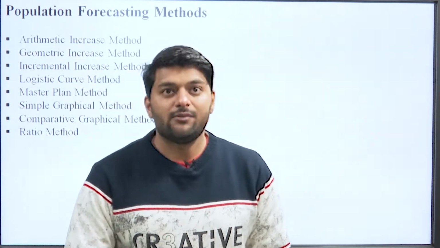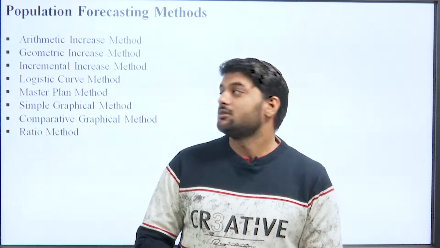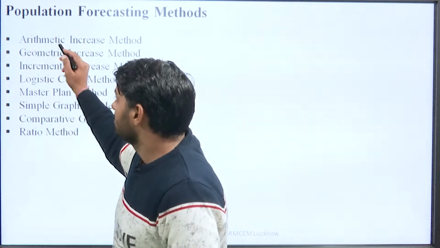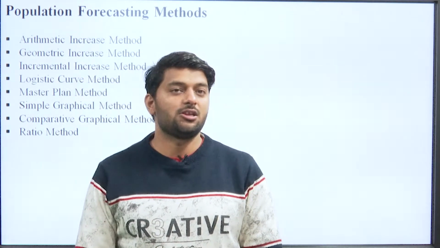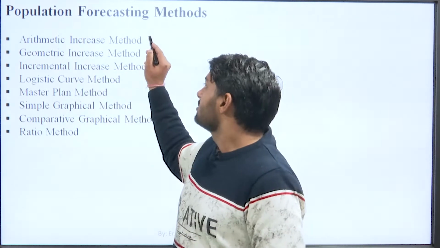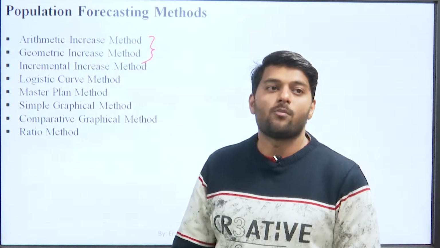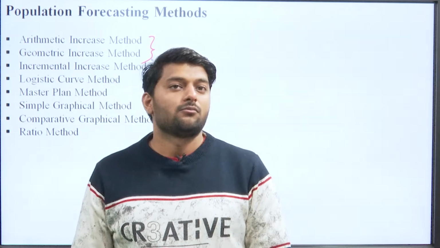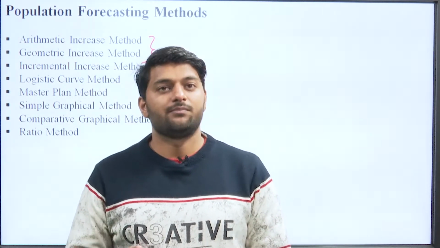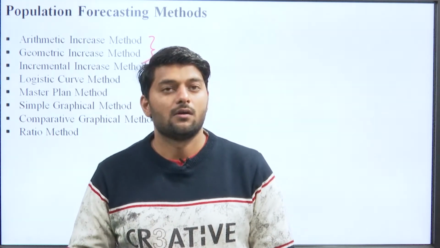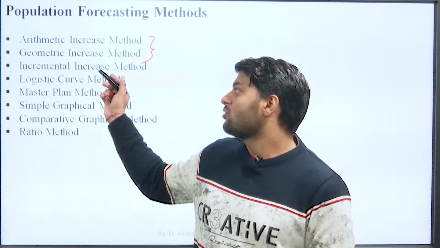In the previous lecture we discussed certain methods, which include the arithmetic increase method and the geometric increase method. These two methods are based on the assumption that population increases are constant. In the first one there is a constant rate, in the second one the percentage growth is constant.